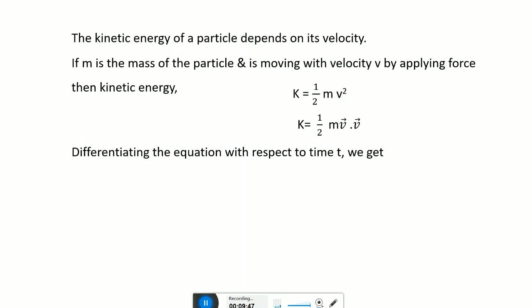Differentiating this equation with respect to t, we get dK by dt is equal to vector v dot m into d by dt of vector v, by using the product formula.